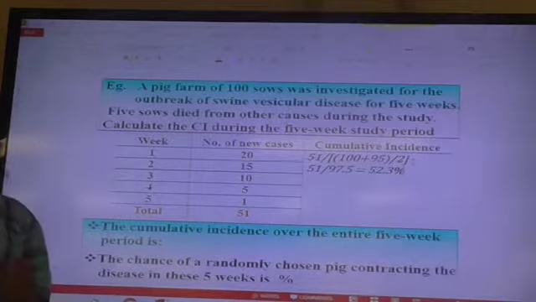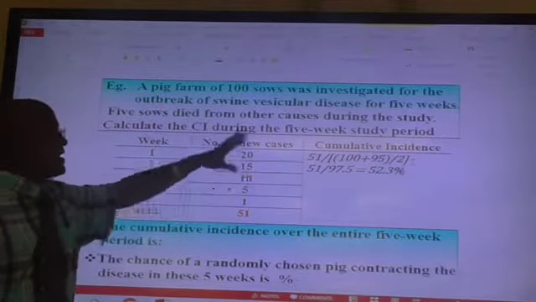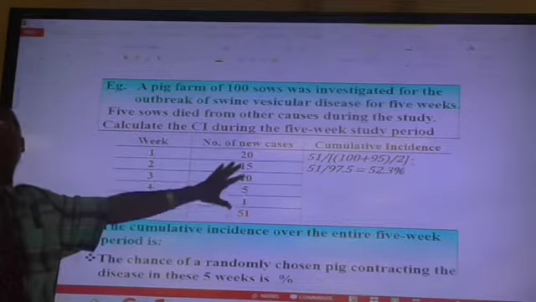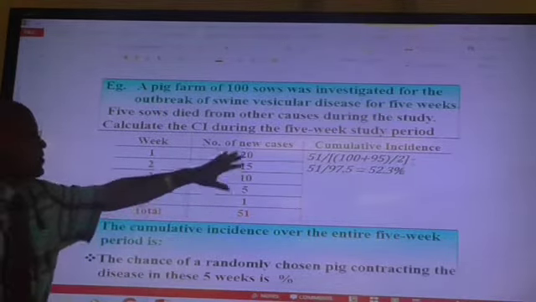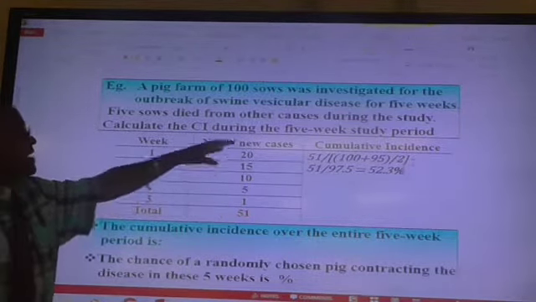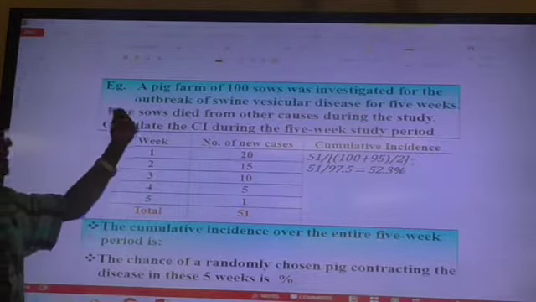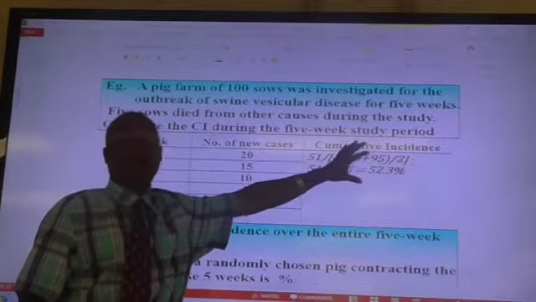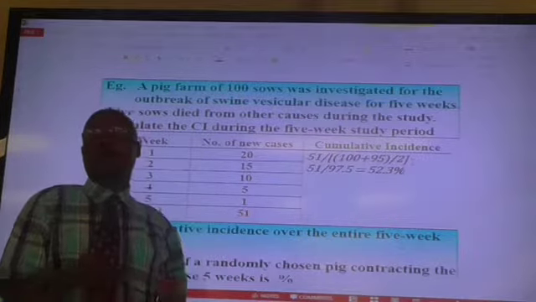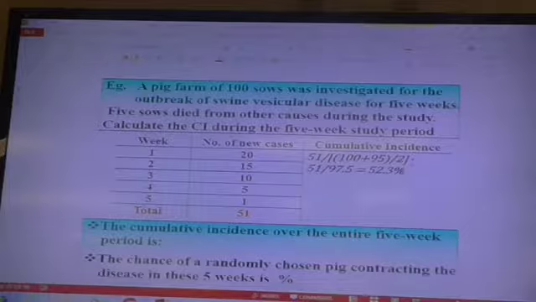If you assume they can leave in any of these weeks, distributed fairly over the entire period, then if you add the population at the beginning and the population at the end and divide by 2, you get the average number of individuals at risk during that entire period.